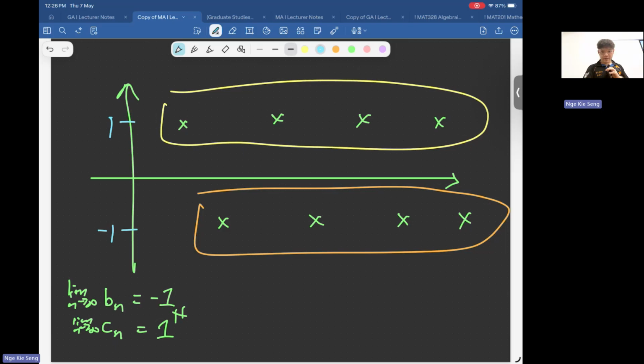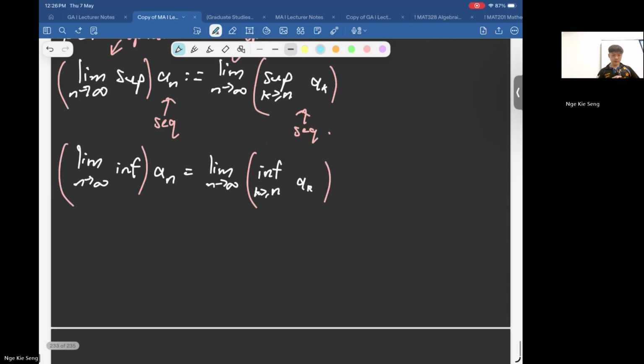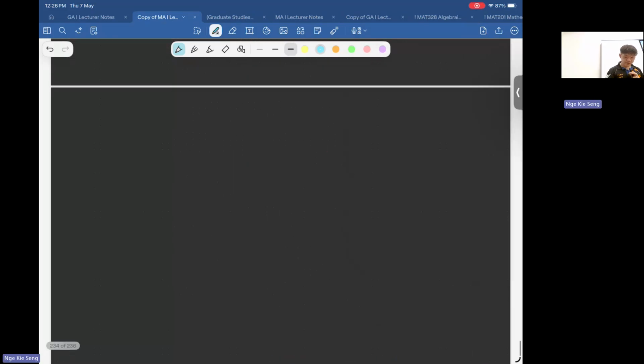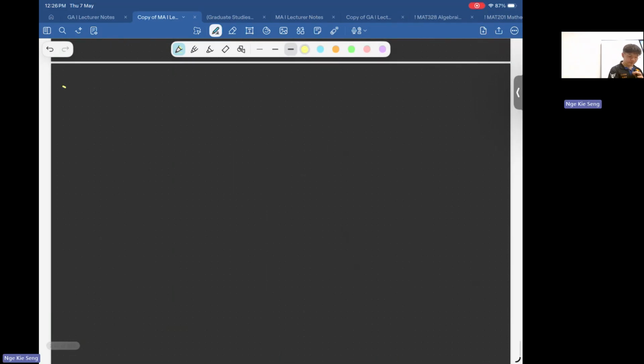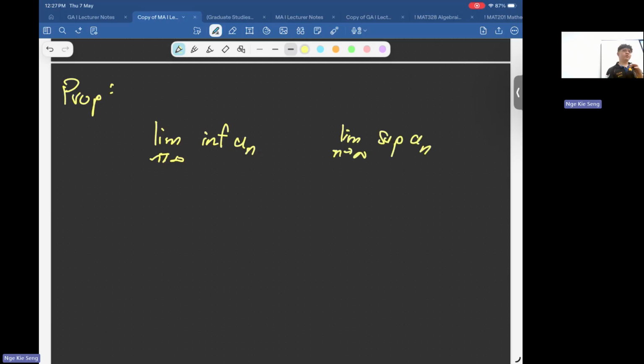But before that, maybe we need to introduce one more property of lim inf and lim sup. I invite you to think about this first before I prove it. So if you manage to find the lim inf of an and the lim sup of an, given two numbers, what are the possibilities?